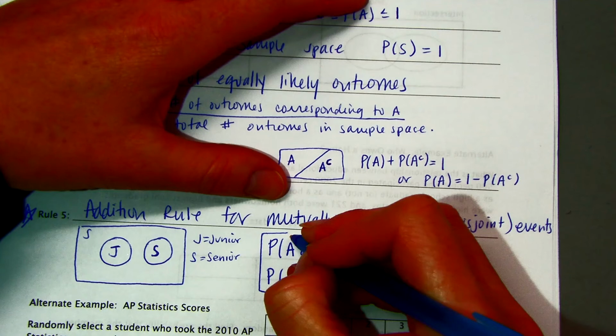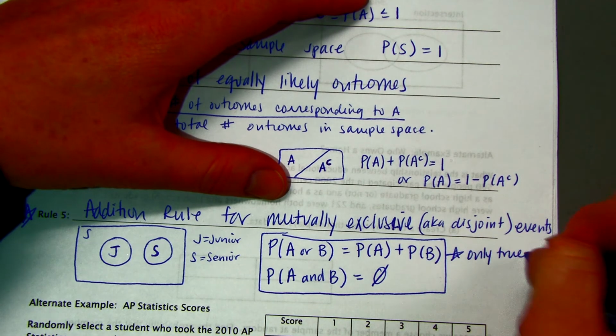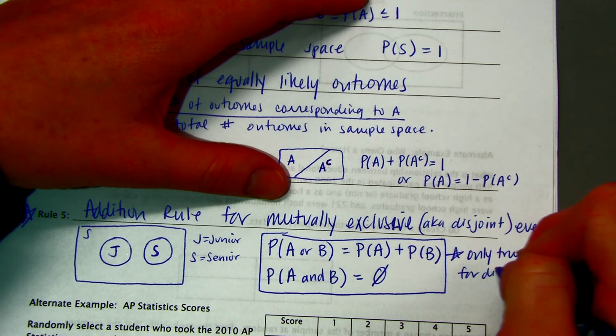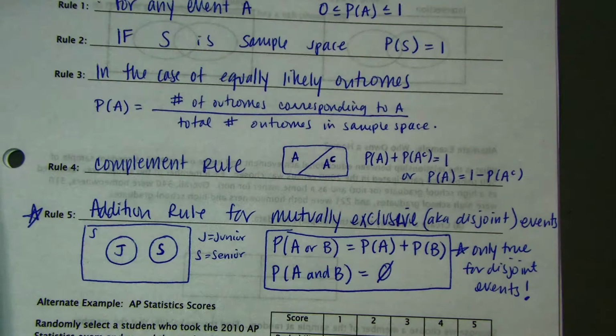These 2 formulas are only true for disjoint events. We're going to see other events that are not disjoint, that are joined events, and these probability rules don't apply in that case. So let's just do a little bit of practice.